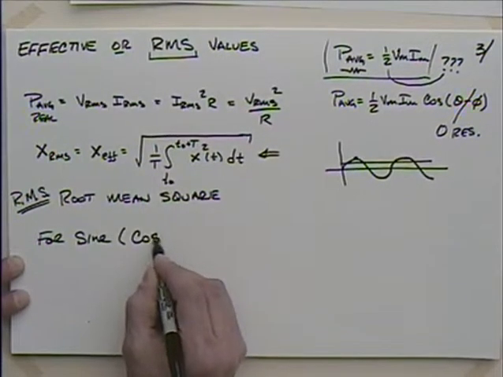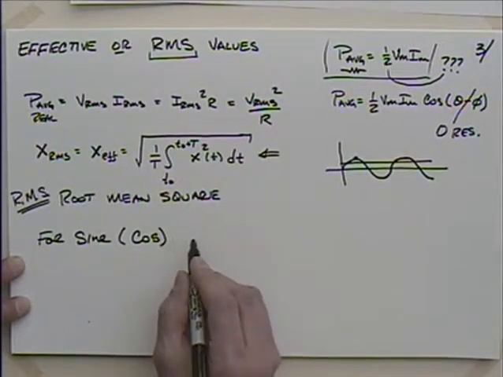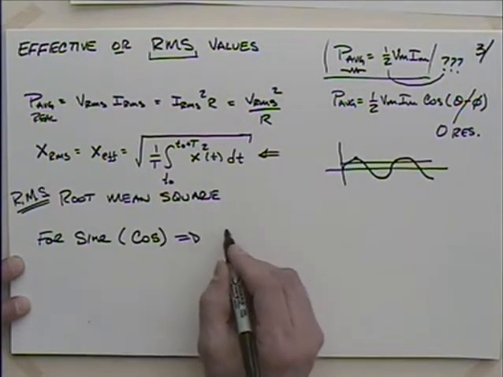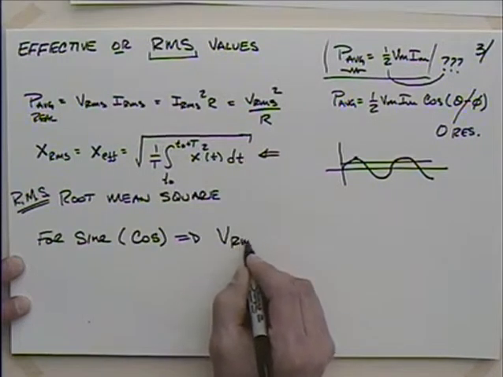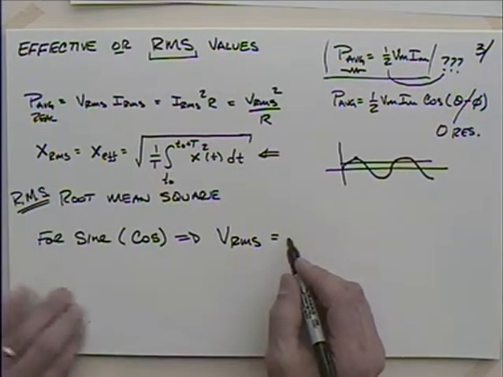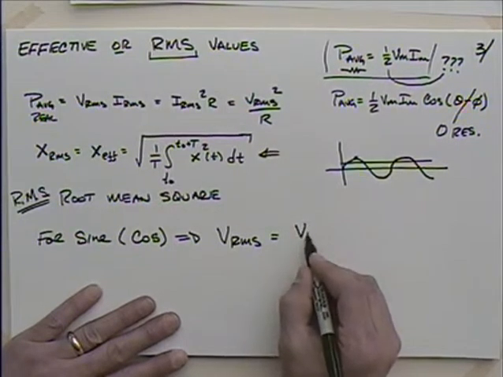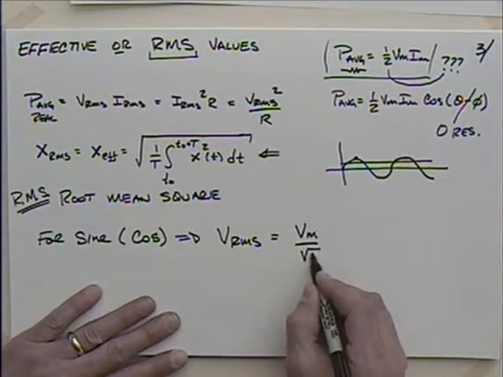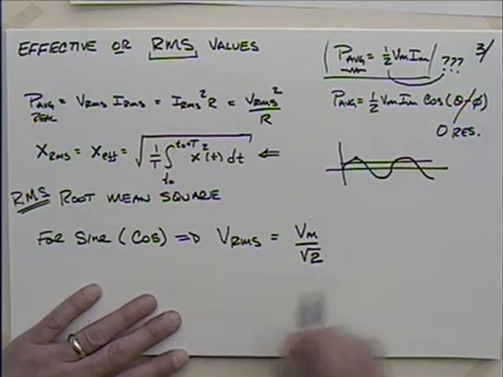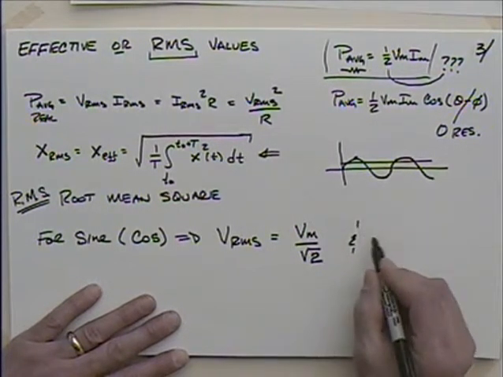for a sine or cosine for that matter, we can say then that V RMS is equal to the maximum value divided by the square root of 2. Okay? I guess we should not leave current out.